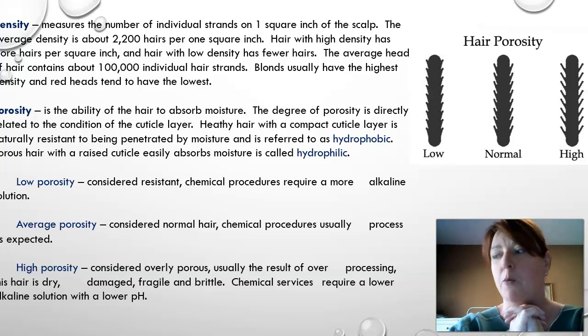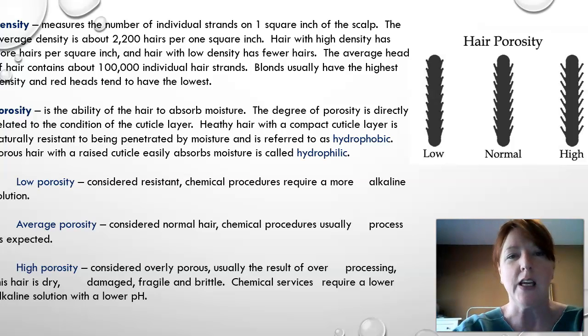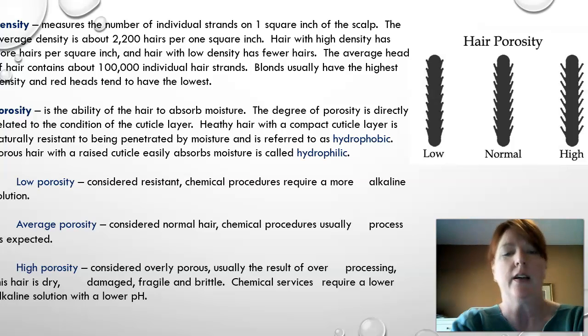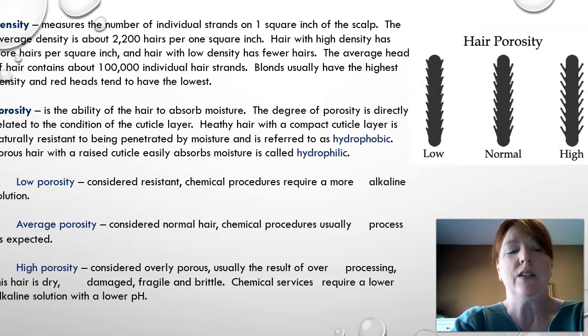So when you see people with that beautiful, healthy hair that is so shiny and has never been touched by a chemical, that means their cuticle layer hasn't been disturbed, which is what makes that hair seem so shiny on the outside. It's a little bit more resistant to being penetrated by moisture and is referred to as hydrophobic. Porous hair with a raised cuticle easily absorbs moisture, which is called hydrophilic.